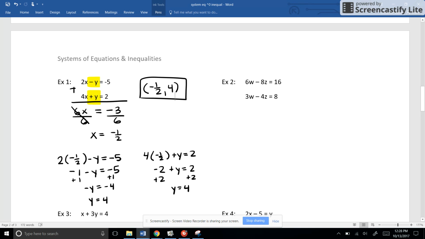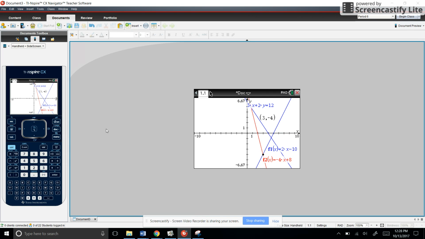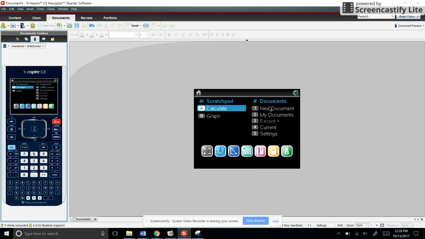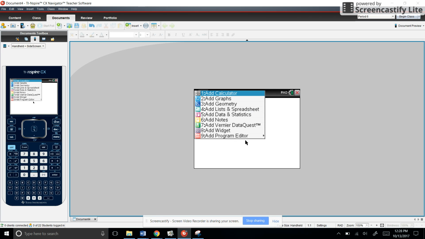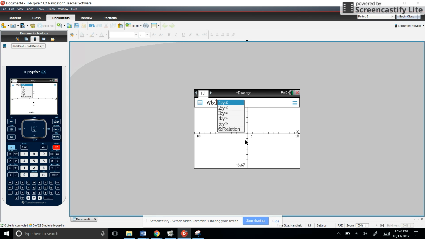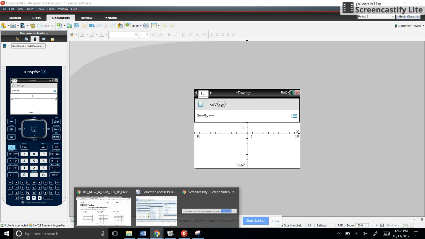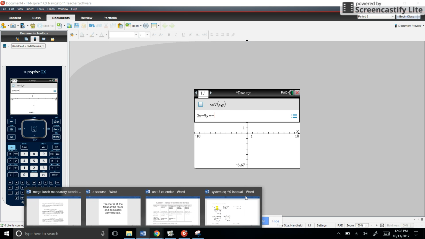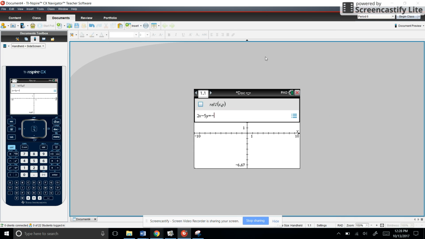What does this represent? This represents the ordered pair graphically where these lines intersect. I can always check this in my calculator. 2x minus y equals negative 5. When I go to graph, I have to go backspace, go to relation, 2x minus y equals negative 5.